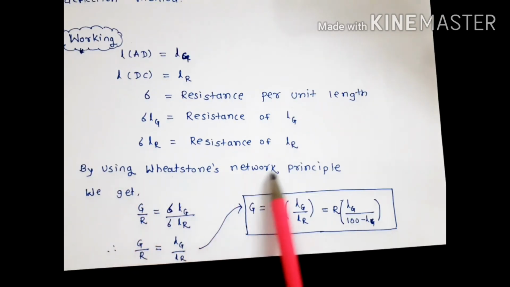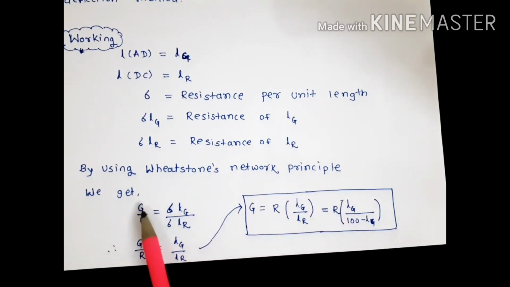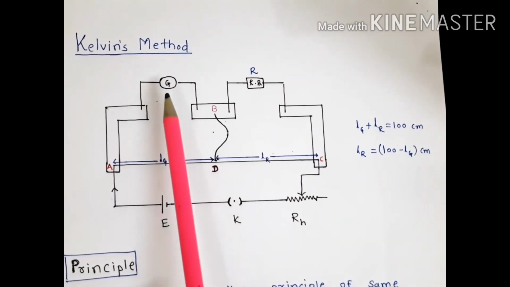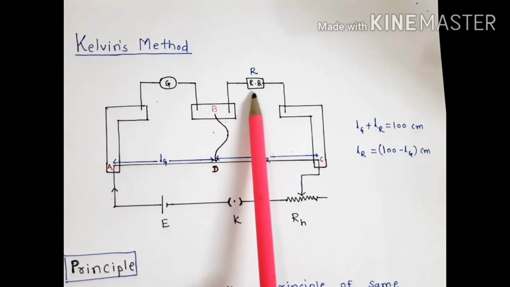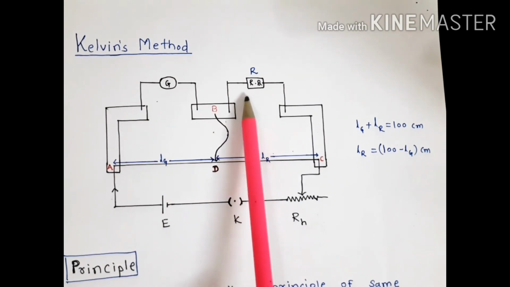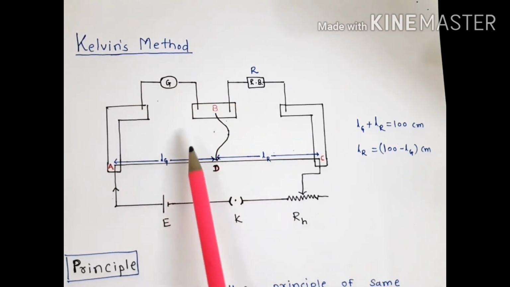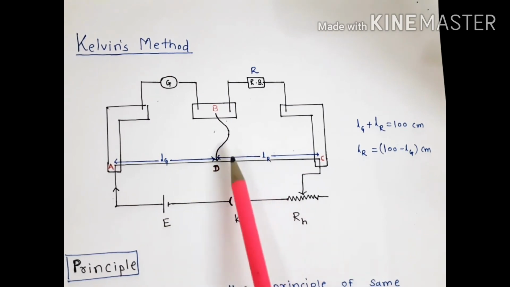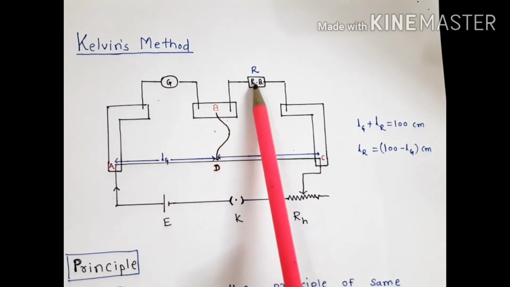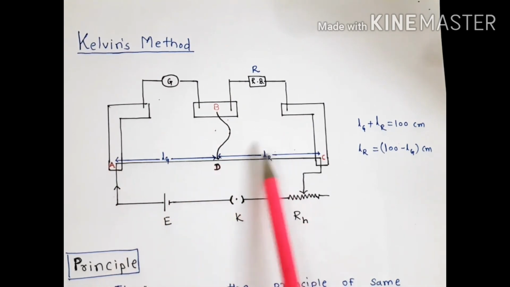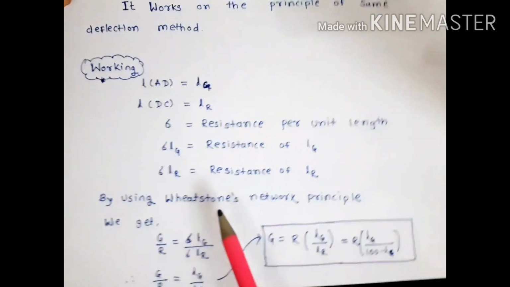By using Wheatstone's network principle, we get G upon R is equal to the resistance of LG divided by the resistance of LR, that is sigma LG divided by sigma LR. Now once again see the diagram. G divided by R, Wheatstone's network principle, is equal to the resistance of LG divided by the resistance of LR.